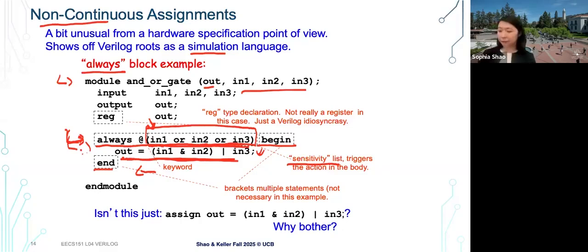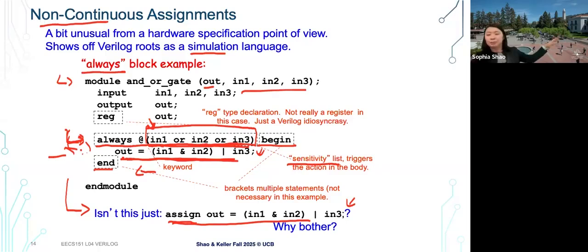From the functionality side, this is very similar. You can use the assign statement with a Verilog logic operator to describe the same circuit, just using one line instead of this always block. It may look very similar. Those two parts are equivalent, right? If any of the inputs change, my output will also change.